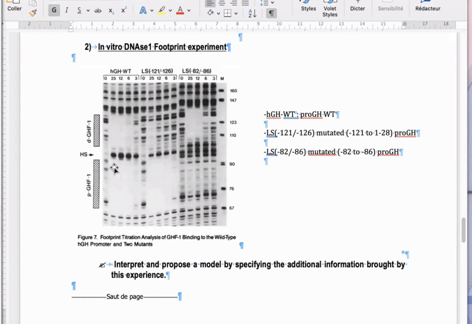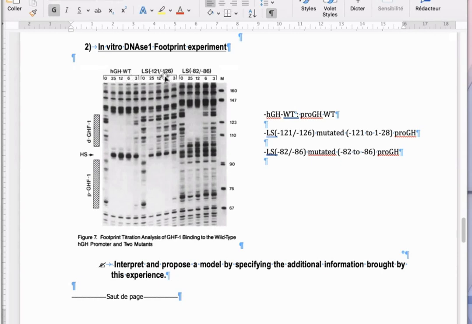Yes. And if we do the same where we mutate the red protein binding site, okay, so you see with 12, actually it's not the right, let's take 6. Okay, I start again with 6. This is why we put different amount of protein.